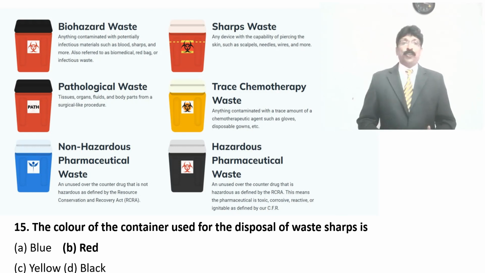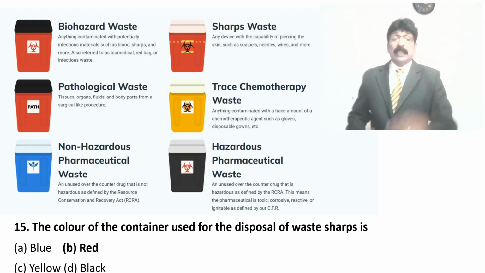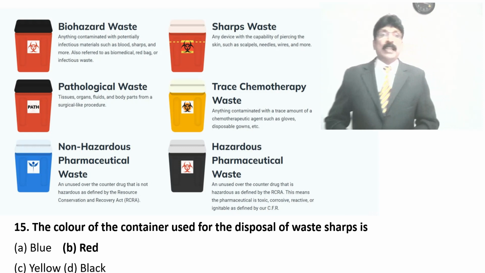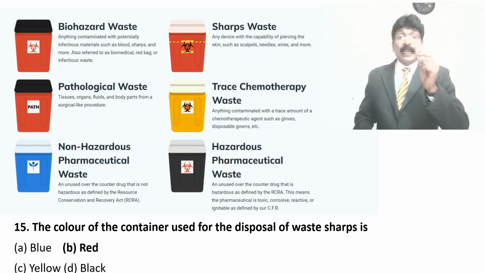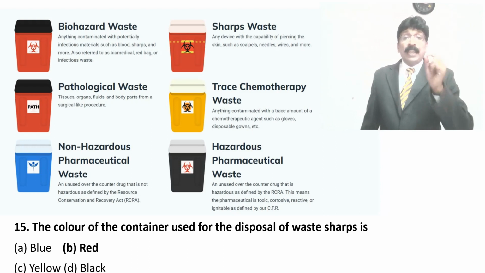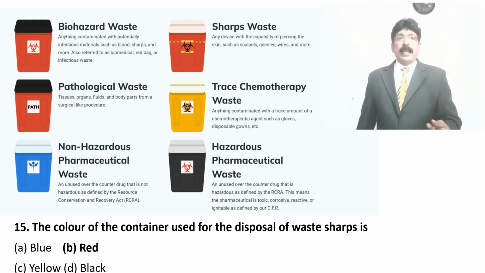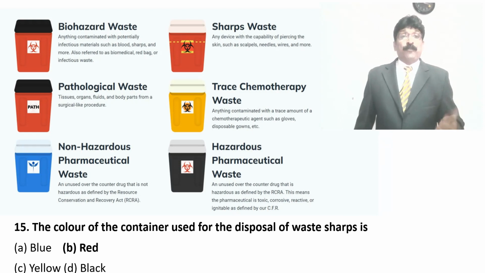So you can see that biohazardous waste is a red color denoted with the symbol. This is anything contaminated with potentially infectious material such as blood, sharps and more, also referred to as biomedical red bags or infectious waste.